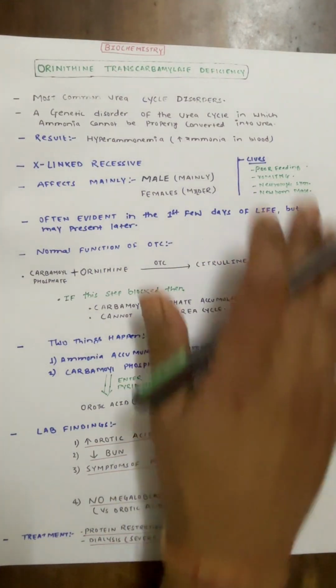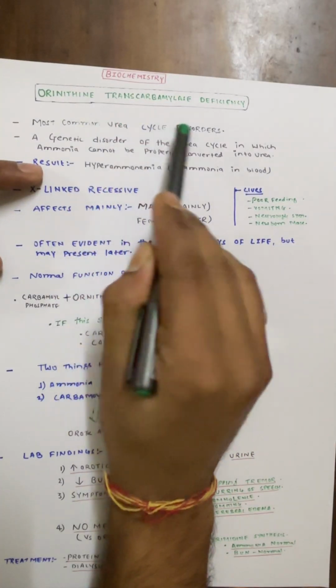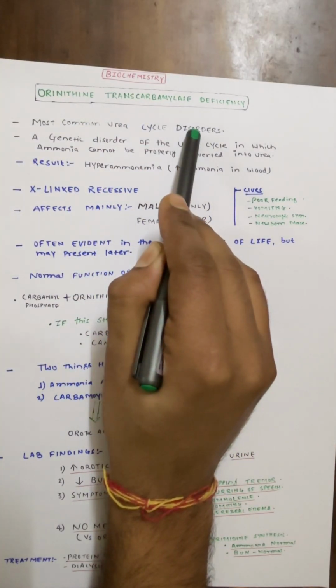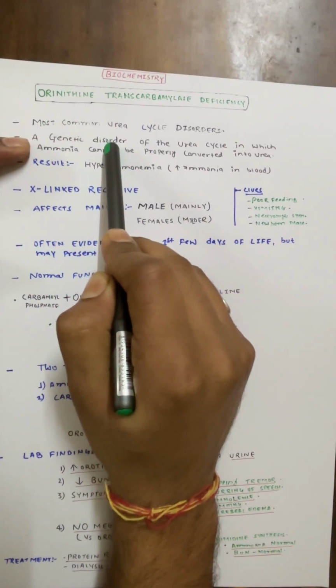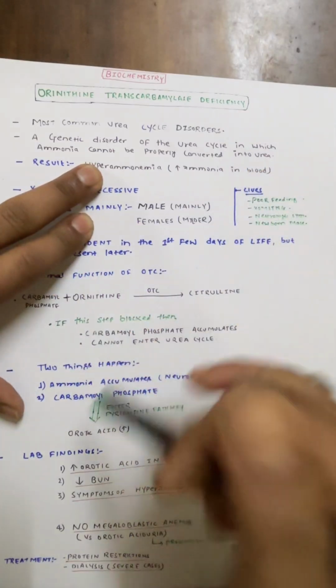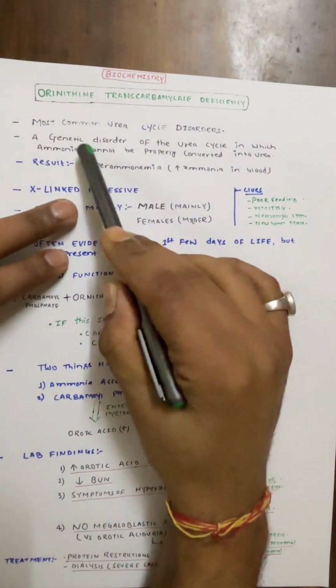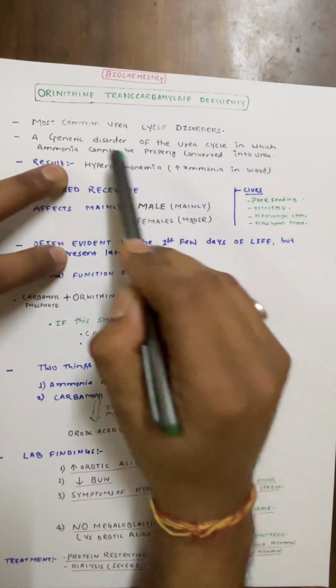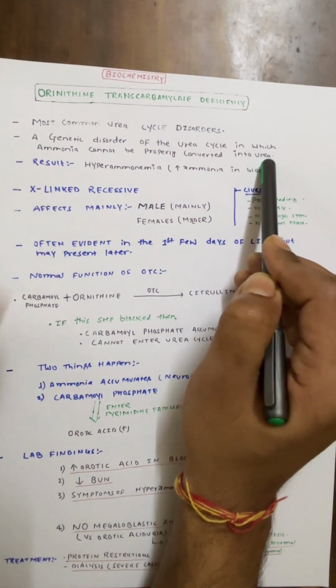While talking about this topic, first remember that this is the most common urea cycle disorder. It is a genetic disorder, because this enzyme is absent or deficient genetically. It is a genetic disorder of the urea cycle in which ammonia cannot be properly converted to urea because that enzyme is deficient.